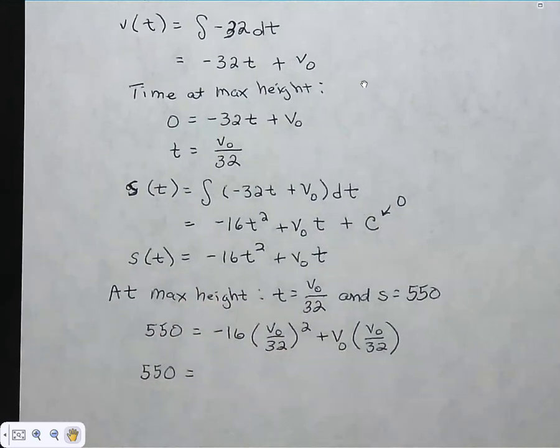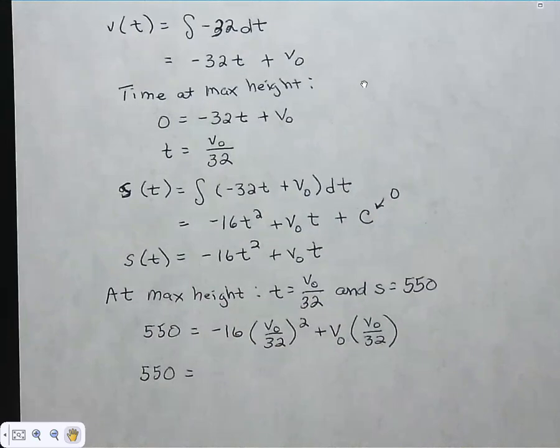How do you solve that for v sub 0? You could factor out a v sub 0. Actually, let me take one step before that, just in case somebody needs middle steps.